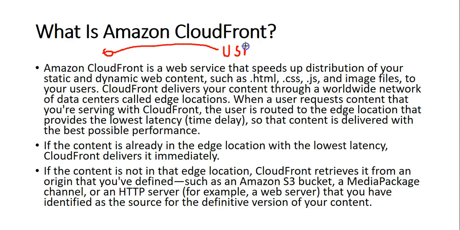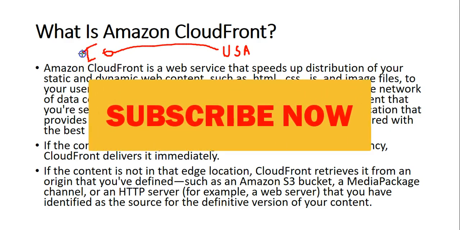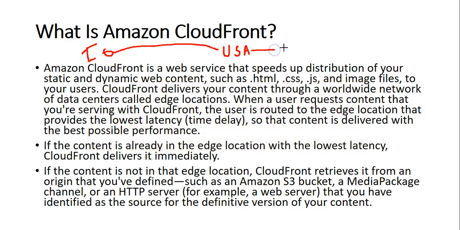The user is sitting in India and trying to access a file in United States, he will go directly to United States to fetch that file, and that is the origin of that file, right? Now when a user requests content that you are serving with Cloudfront, the user is routed to the edge location that provides the lowest latency, right?